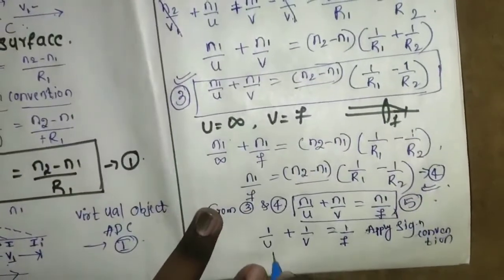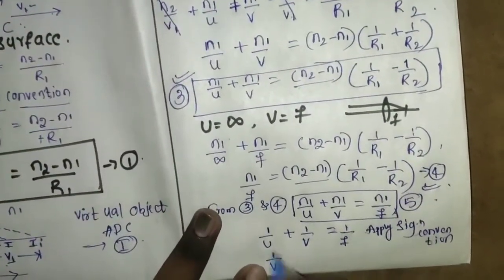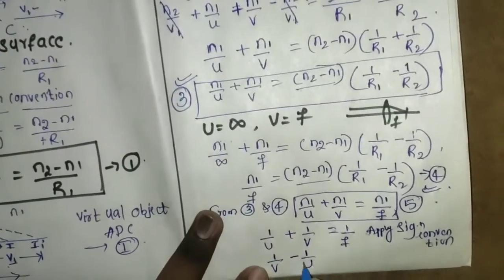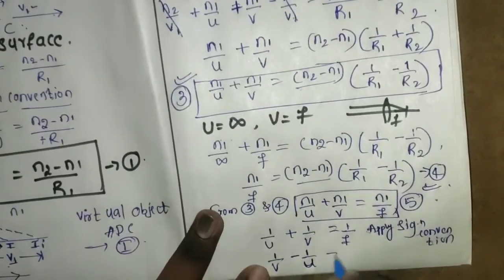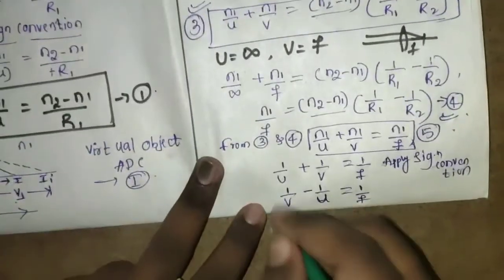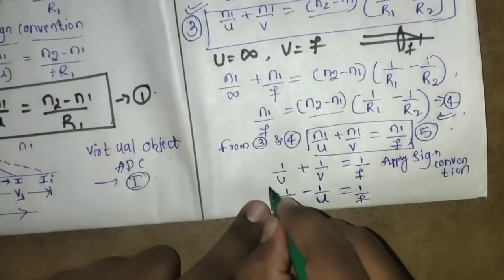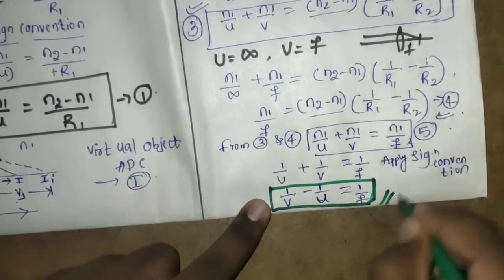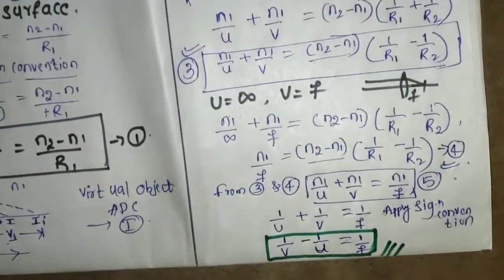So I will write 1 by v as positive but u as minus, so I will write 1 by v minus 1 by u equals to 1 by f. That is the final equation of the Lensmaker's formula.